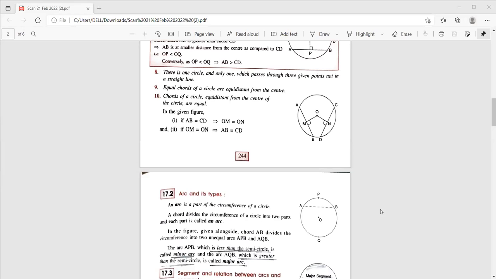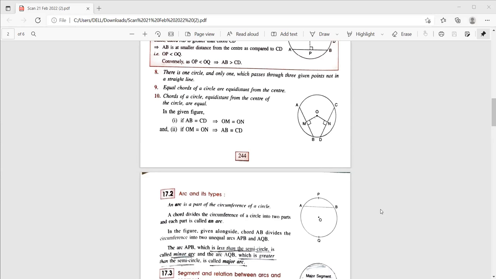It is saying that there is one circle and only one which passes through 3 given points, not in a straight line. If you have 3 given points, not in one straight line, then through those 3 points, you can have one and only one circle.